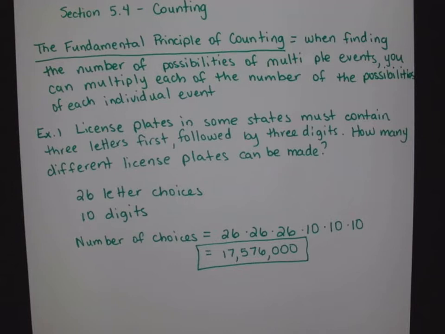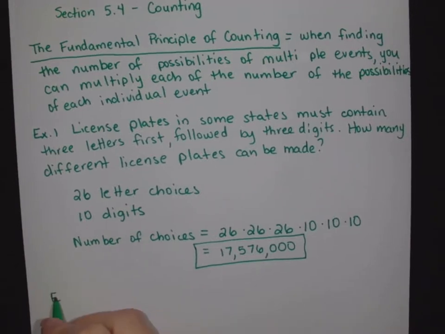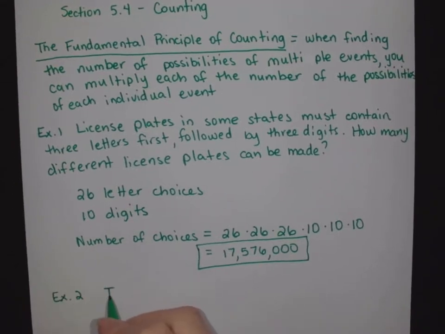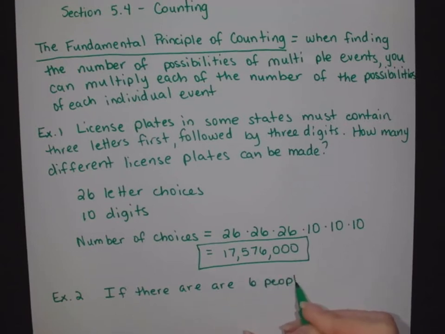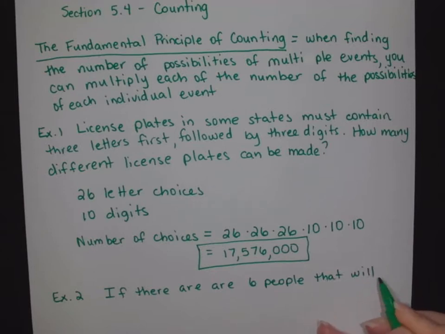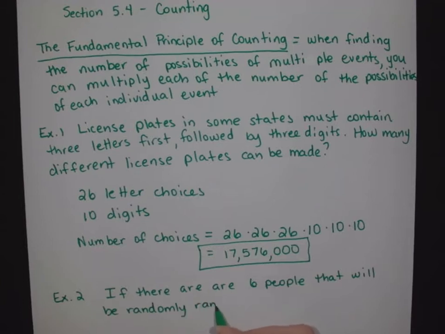Okay. What you have to be on the lookout for, though, is if we have a with or without replacement scenario, like we talked about in class on Wednesday. So if there are 6 people that will be randomly ranked, how many choices are there for 1st through 6th place?